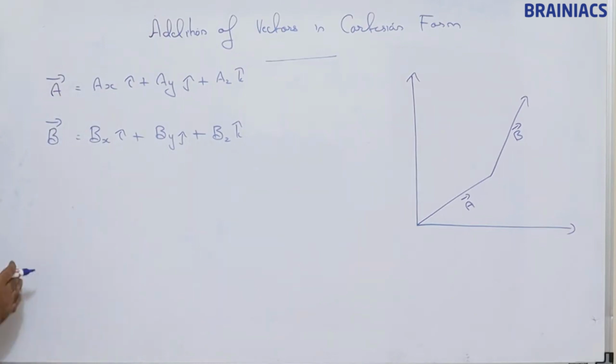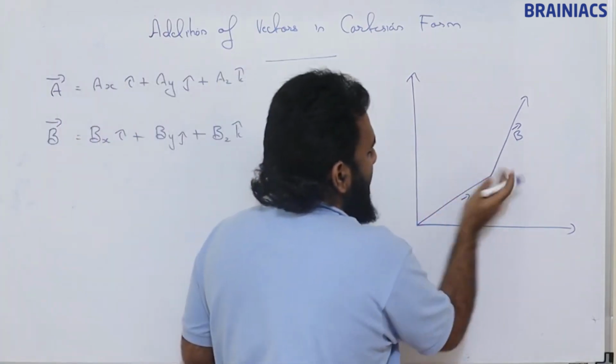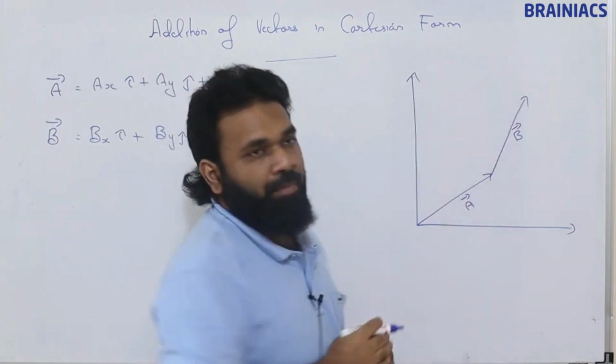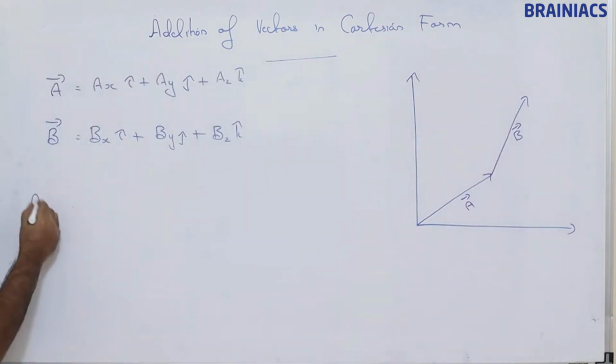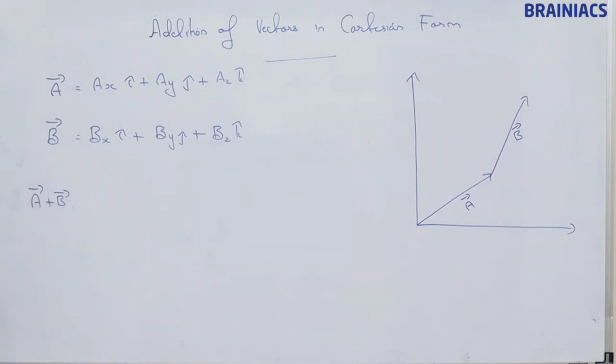Now just see this. Suppose this is vector A, this is vector B. If we need to add vector A plus vector B, how to add?